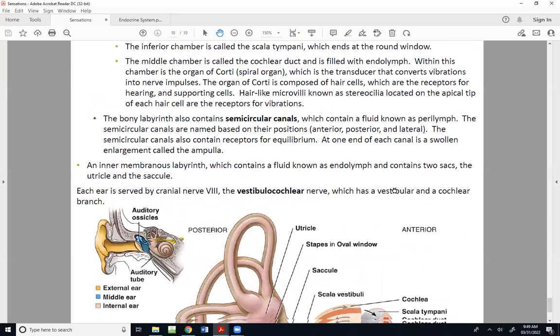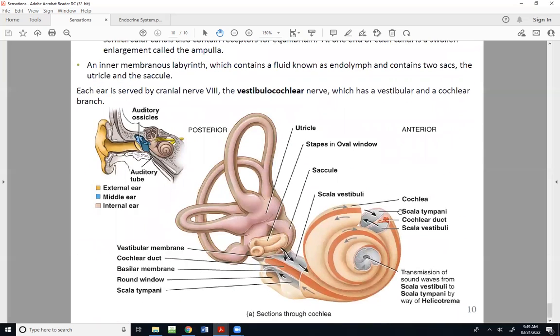Okay. Now those are all structures, once again, of the bony labyrinth. The inner parts of these structures is what we call the membranous labyrinth, and it contains a fluid, once again, the same one that we just talked about, called endolymph, and then two sacs, what we call the utricle and then the saccule, and those are very involved with equilibrium as well.